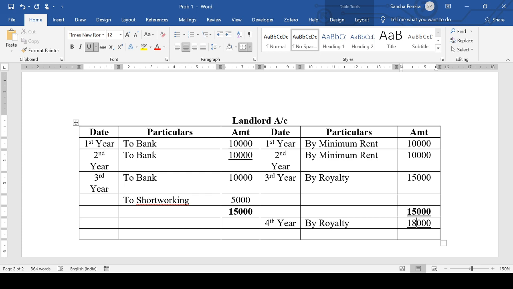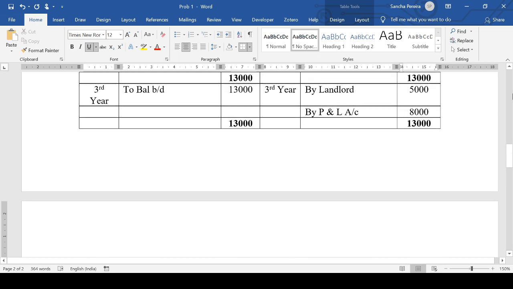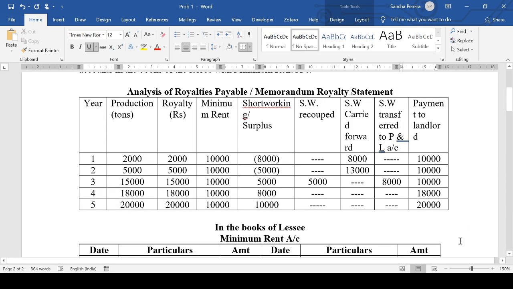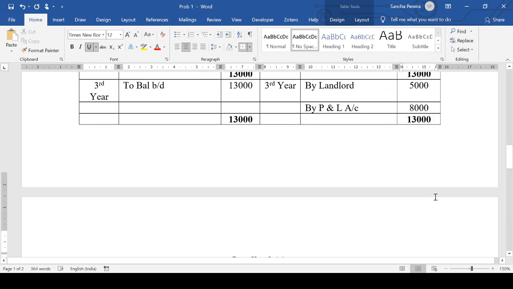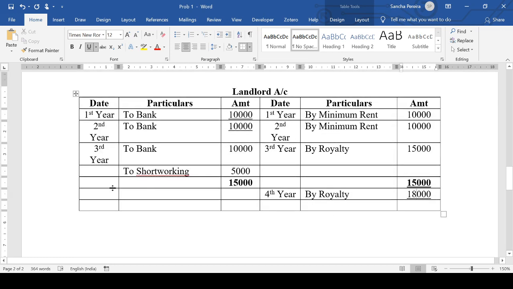Next, the next entry is landlord account to bank to short working. Are we going to take it as to short working also? Do we have any short workings? No. So it's just going to be landlord account to bank. What's the meaning of that? The entire 18,000 is being paid to the landlord. So landlord account to bank. Next one is short workings transfer to P&L.